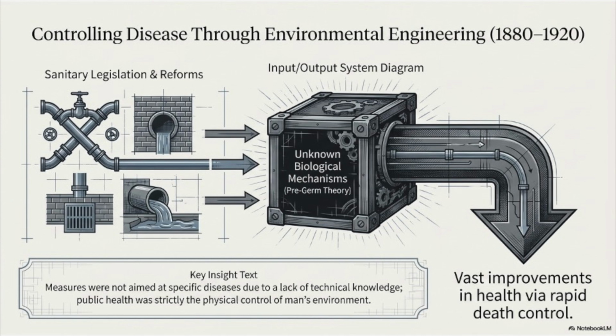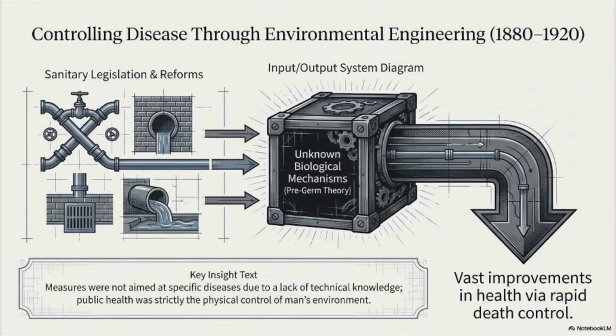The first phase, from 1880 to 1920, is known as the disease control phase. At that time, microorganisms had not yet been fully understood, so disease prevention relied mainly on improving the physical environment. Authorities introduced sanitary legislation, improved drainage systems, constructed sewerage networks, ensured safe water supply, and improved waste disposal.